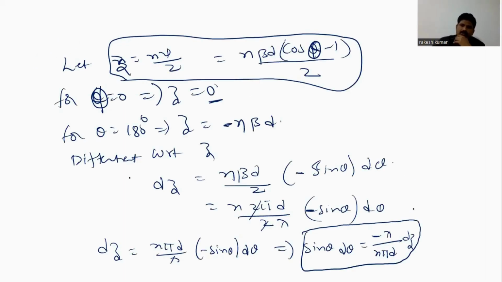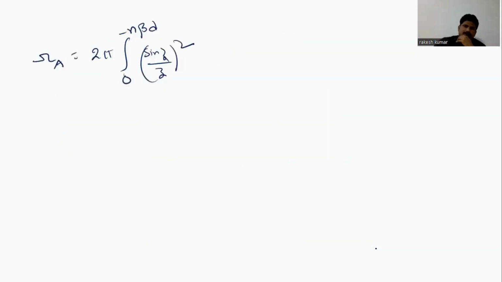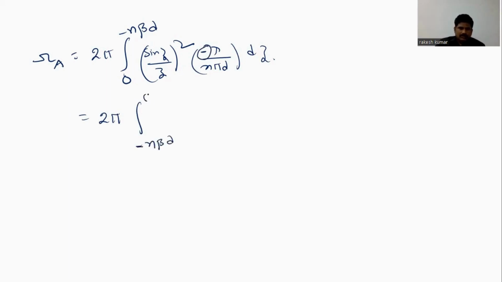The value of sin theta d theta is equal to minus lambda by n pi d into dz. Okay, so I'm changing the limits. So it is minus n beta d to 0, sin z by z whole square into dz.